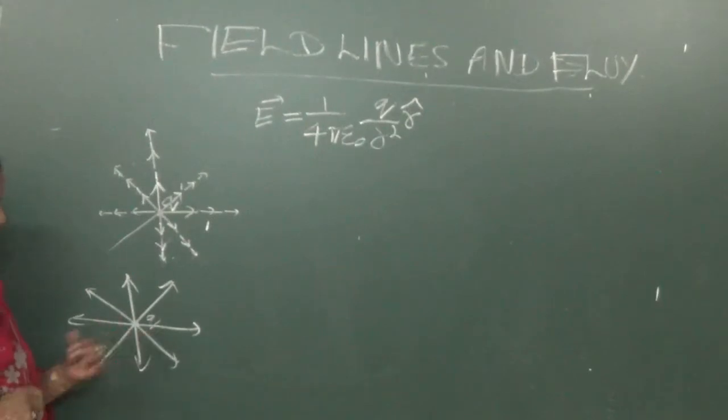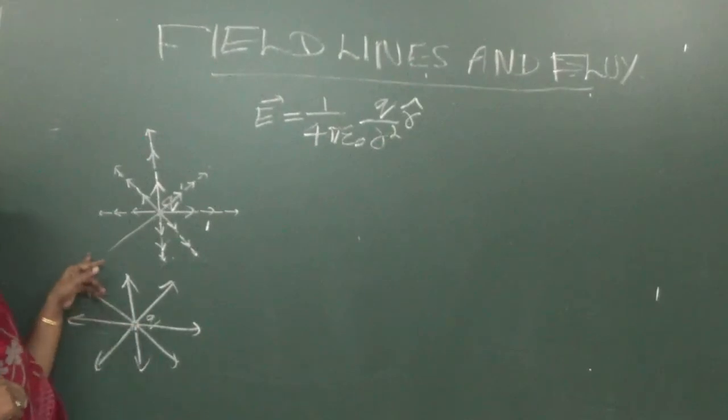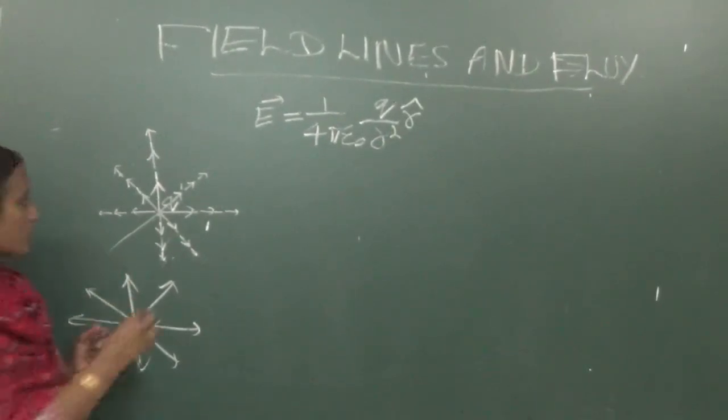But that is not the right way of saying it. The field line starts from this point charge, and as it moves away from this point charge, its density gets reduced. Okay?